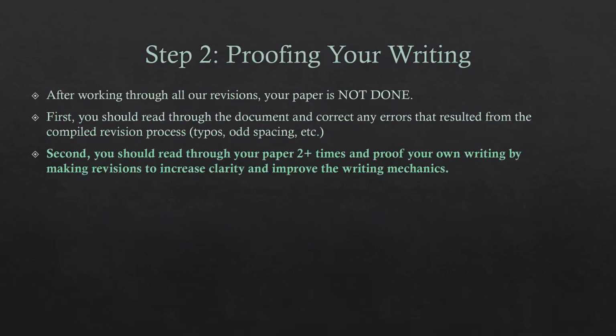Next, you need to go through and proofread your own paper. And that's proofreading, sure, for typos, but we really just did that up here. You need to proofread your paper and make revisions to increase the clarity of your writing, and also to improve the writing mechanics and the grammar. There's a bunch of notes up in the Canvas module that are PDFs and you can print out.